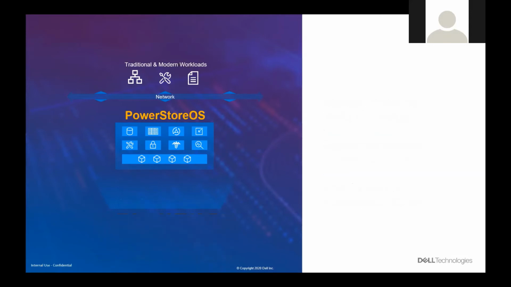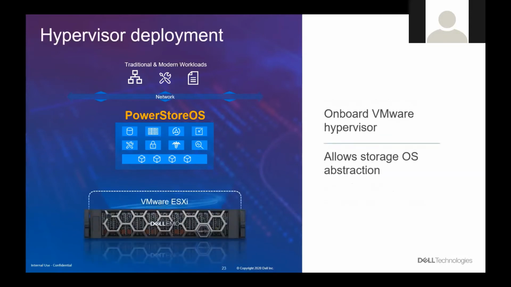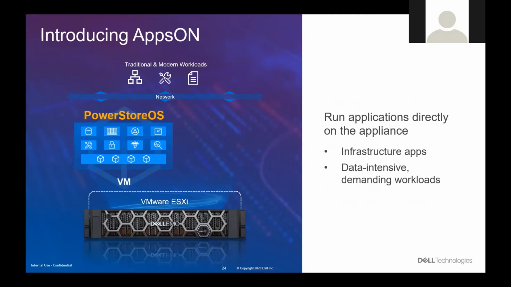And with PowerStore X, you can actually deploy the VMware hypervisor on board the array to allow, like I mentioned, workloads to run locally on the array to get that data path as close as possible. And this functionality I'm referring to is called AppsON, which allows you to run your applications and virtual machines directly on the appliance.